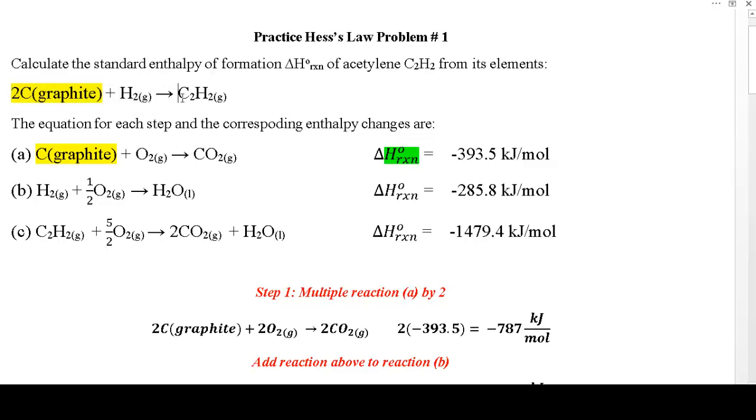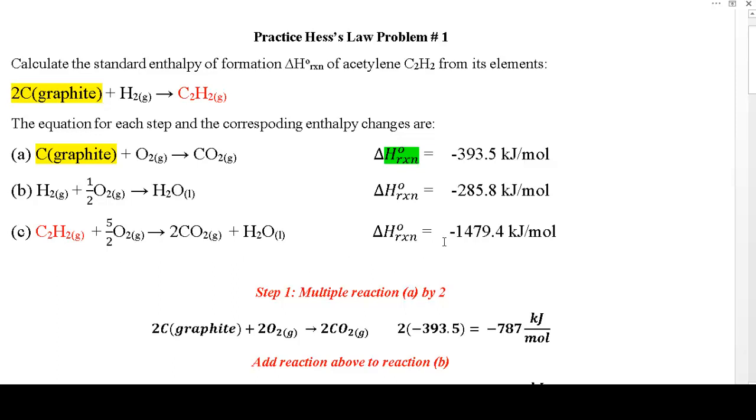Finally, we see here acetylene, C2H2, is in the product side in the reaction that we want to find the enthalpy for, the unknown enthalpic reaction. And C2H2 here in reaction C is in our reactant side. So what we can do is flip this reaction, and when we flip a reaction, we flip the sign, and let's do that.